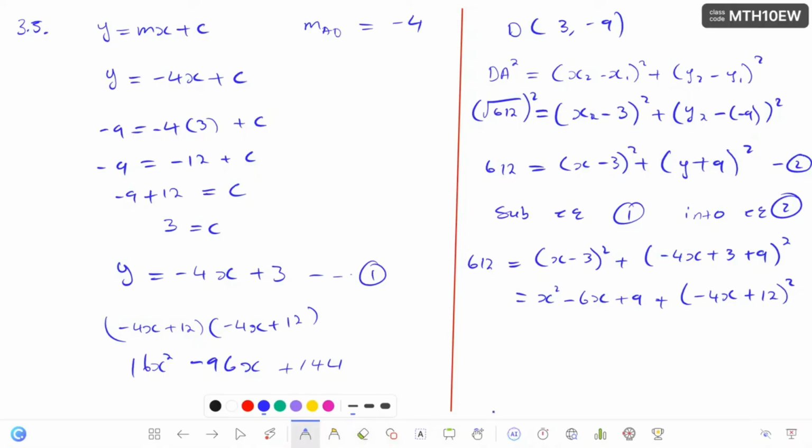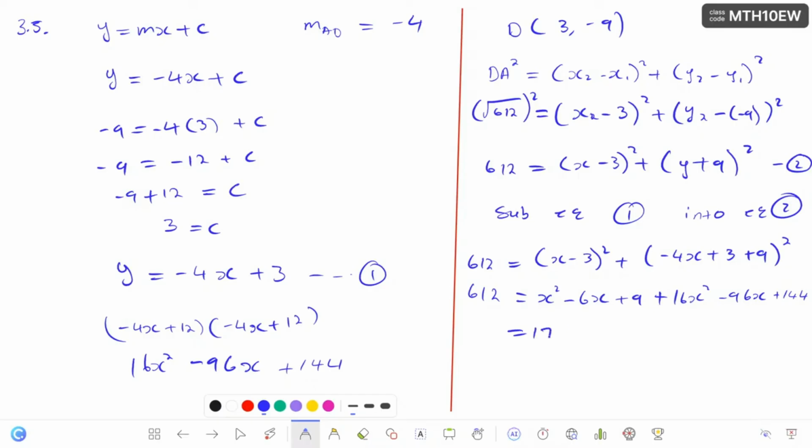So let me erase this and write this one. Here is going to be positive 16x squared minus 96x plus 144. So let me add. Okay, 612. So let me add the like terms.